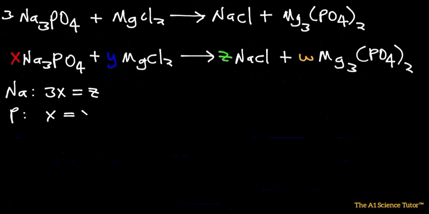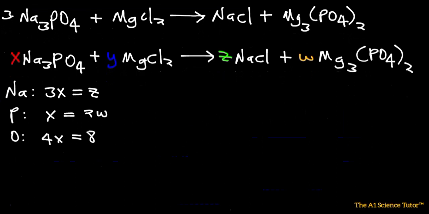So that is 2W. Next one is oxygen. Now for oxygen, we have 4 atoms of oxygen, and obviously that should be multiplied by x. So this is 4x. On this side, we have 2 multiplied by 4. That gives us 8. And then that will be multiplied with W, so that is 8W.